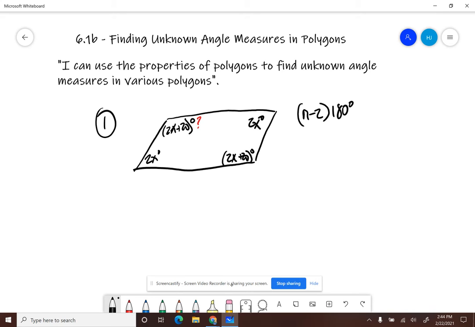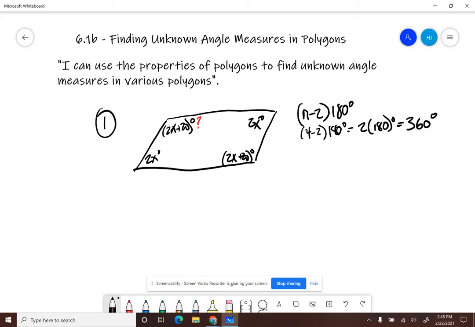We've got four different sides here, so I put in 4 for n: 4 minus 2 times 180. 4 minus 2 is 2, so 2 times 180 means this has to equal 360 degrees.